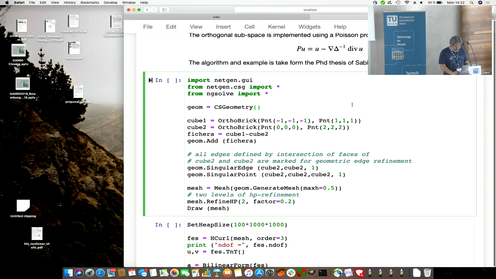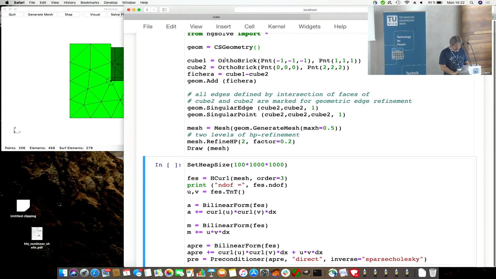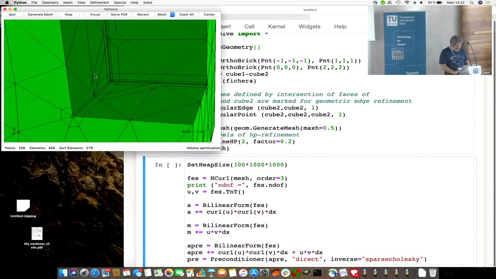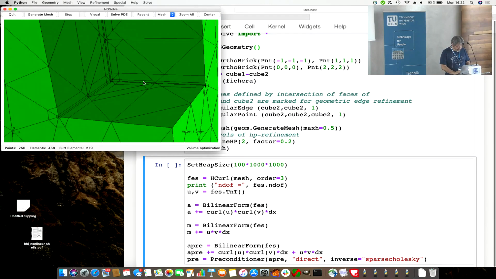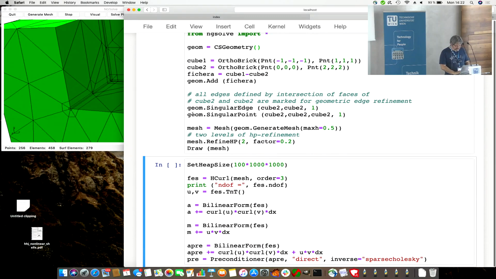Okay, we want to solve the Maxwell eigenvalues on the so-called Fichera cube, so a brick minus a smaller brick. We want to use higher order elements, and we want to do strong geometric refinements towards the edges of the geometry. So we mark these edges for singular edge refinement, and we give two solids, and all edges in the intersection of these two solids are marked for singular refinement.